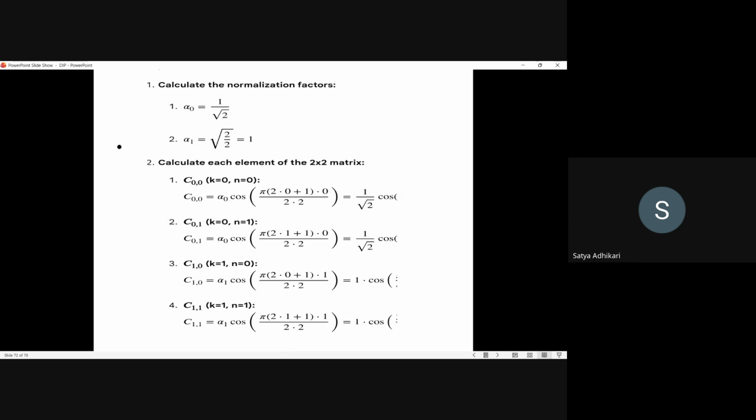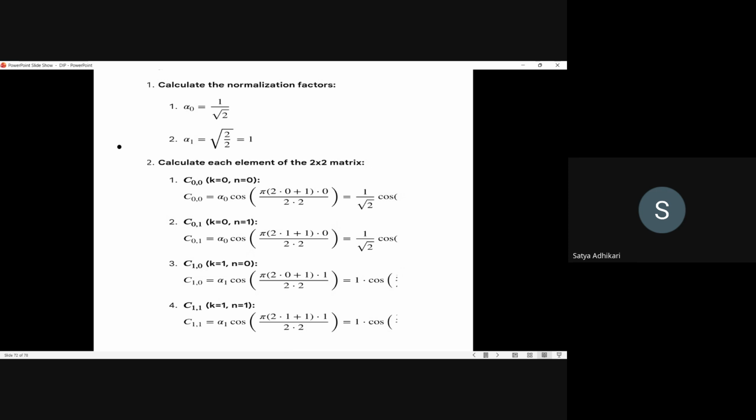Let us come to the fourth one, the last one, C11. Because n is equal to 2, you have to go starting from 0 and 1. So K1, N1. C11 is equal to alpha 1 cos of pi into 2 into 1 plus 1, so 2 into 1, 3. So pi 3 by 4, which is equal to minus 1 by root 2.